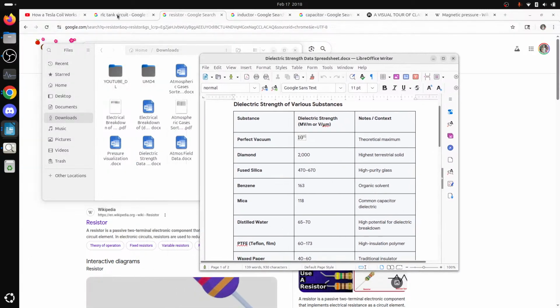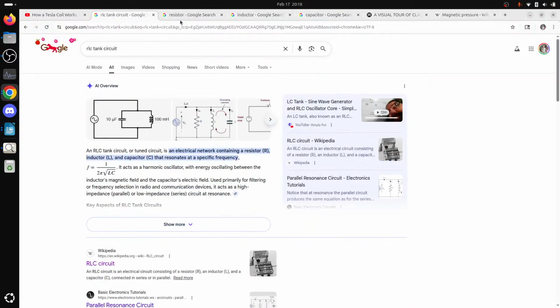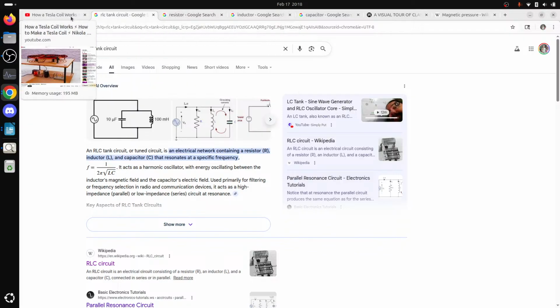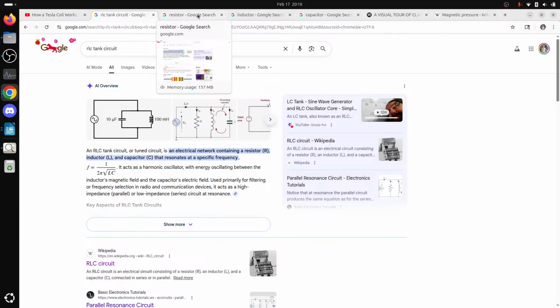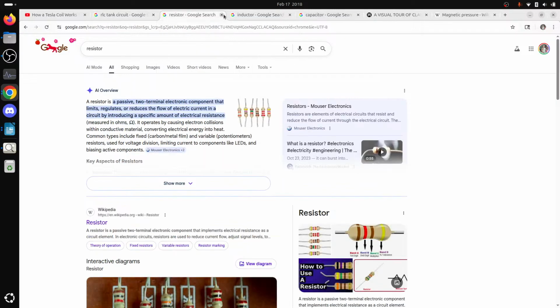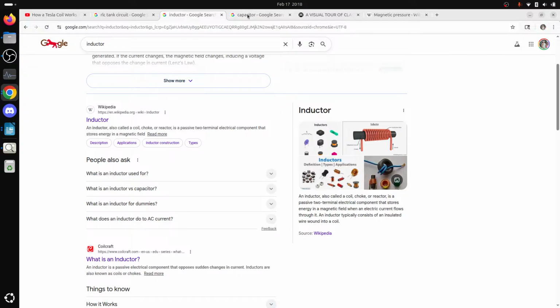All right. Now we're talking about lightning and things, the air and the clouds. The clouds are going to act like a supercapacitor, and the air is going to act as a spark gap. Because air's dielectric breakdown strength is 3, and distilled water is 20 times higher. So that's a resistor. The other one, capacitor.